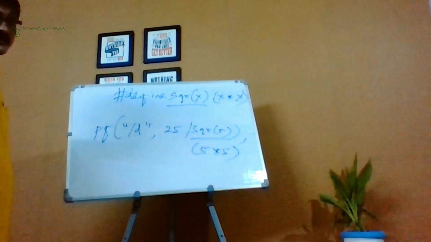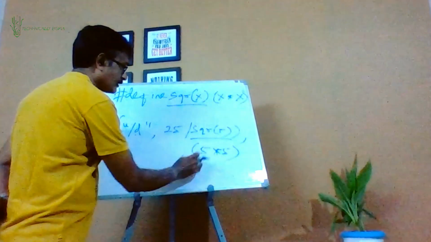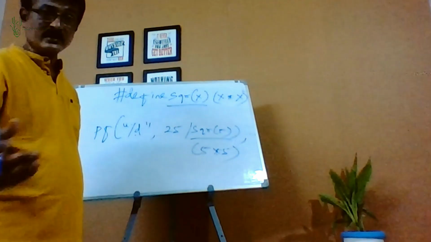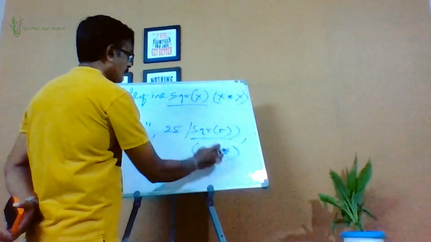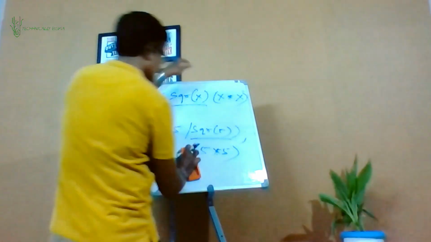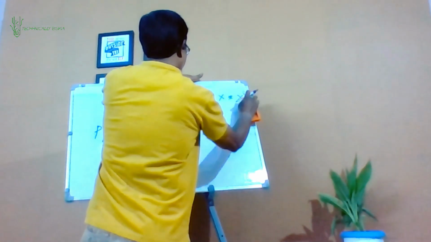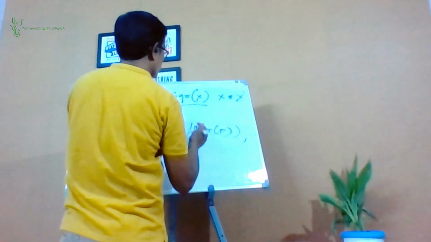Since all of us know bracket has a higher priority than any operator, 5 into 5 gives the result 25. Then 25 divided by 25 will give you 1. It might be like this, or else instead of having brackets here, we can have brackets here.